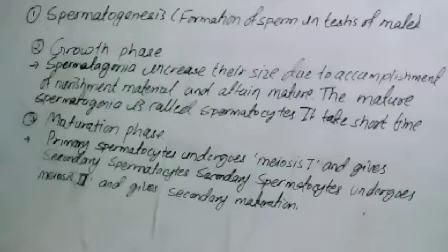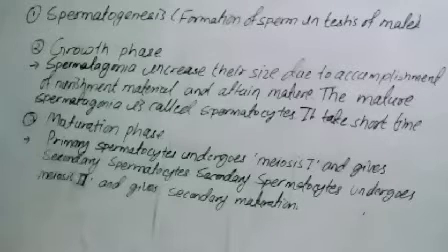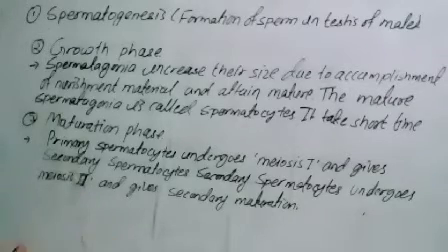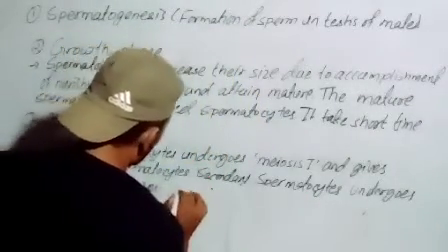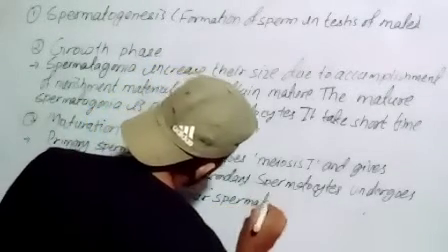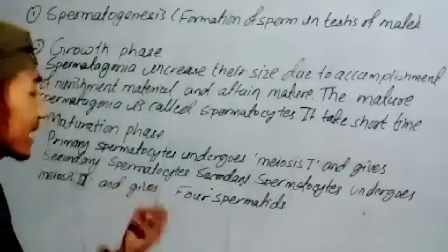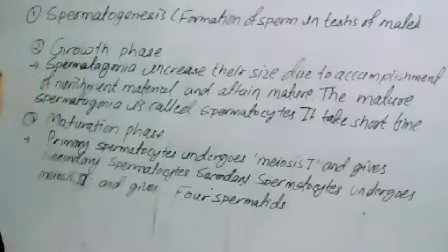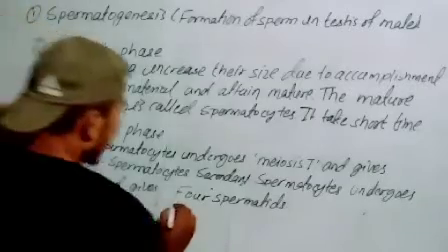The secondary spermatocytes undergo meiosis second cell division and give the four spermatids. Write it like this: secondary spermatocytes undergo meiosis second cell division, and it gives the four spermatids.